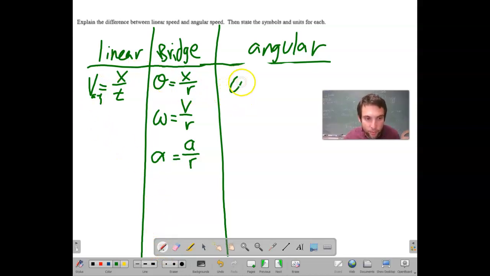I could say omega equals theta over t, because my angular version of velocity is angular velocity, and my angular version of displacement is my angular displacement. So omega equals theta over t. There's more to this chart, but not yet. We'll get there.